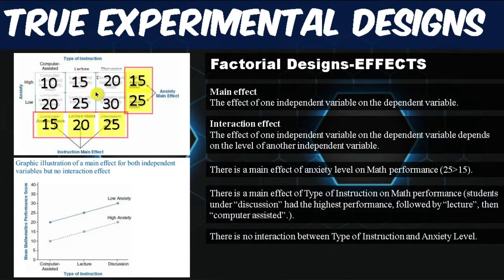If we move to another group, we see that students with low anxiety have the better performance, and actually the gap is also 10. 25 minus 15 is 10. The case is the same here. Low anxiety students have the higher performance by 10 units from the other groups. So we observe consistency between all groups. This is because there's no interaction between the two independent variables.